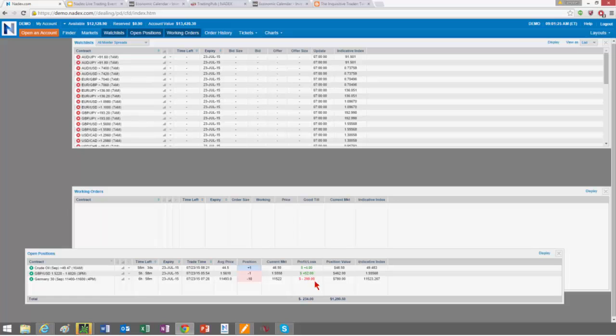Okay. That market's diving. I'm down 30 pips on the Germany DAX spread. Not liking that too much. I'll give it a little bit more rope, but I might close that one out.